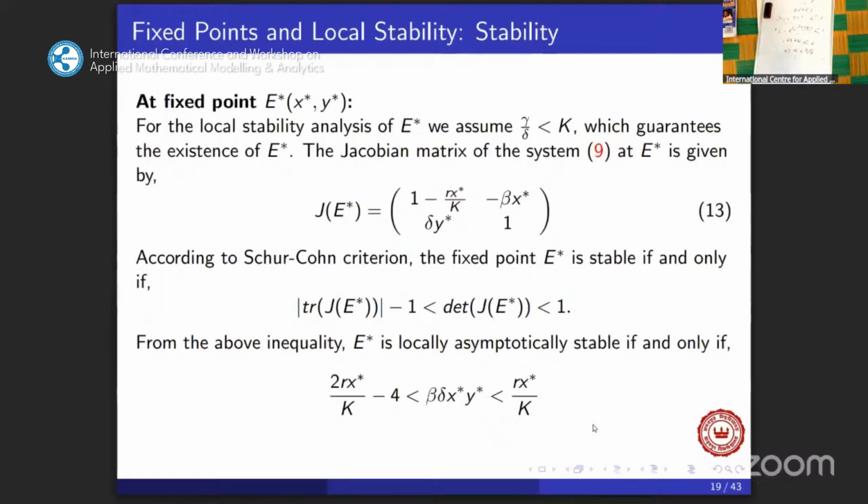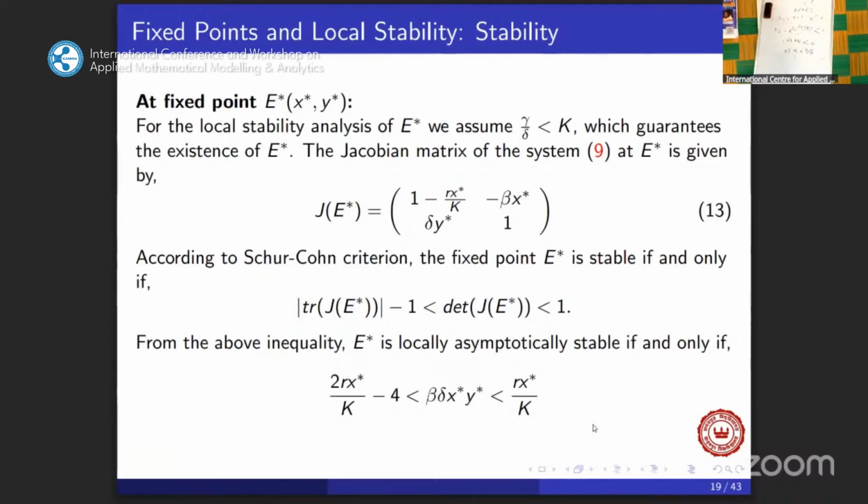Now for the interior equilibrium point, at J star we get the Jacobian value. We will not find the eigenvalues explicitly, so we use the Jury criteria: the modulus of the trace minus 1 is less than the determinant of the Jacobian matrix, which is less than 1. If this is satisfied, then it is stable.